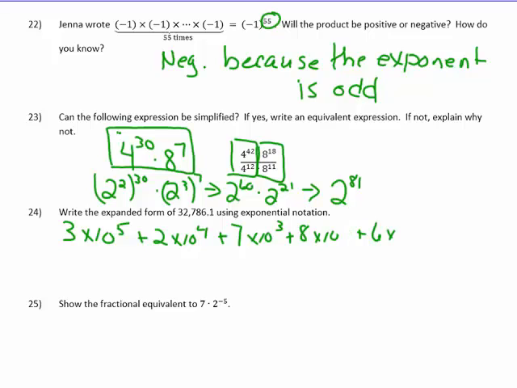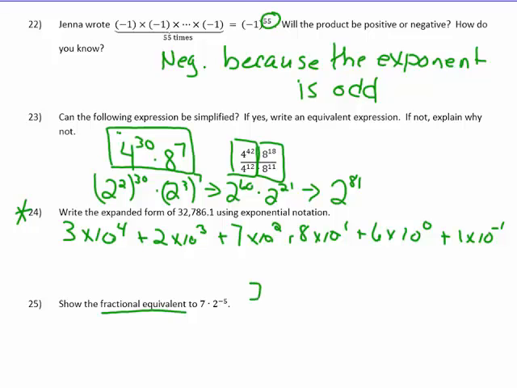Let's do, sorry about that. 10 to the 4th, 10 to the 3rd, 10 to the 2nd, 10 to the 1st, 10 to the 0, and then 1 times 10 to the -1st. So again, if this is going to be on the test, then I would absolutely make sure you put that on your index card.